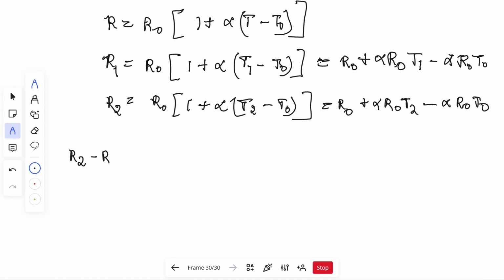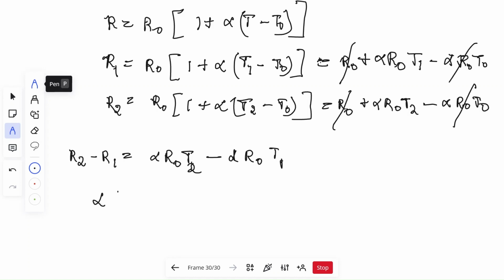R2 minus R1 is equal to, this gets cancelled, this gets cancelled, alpha R naught into T2 minus T1.